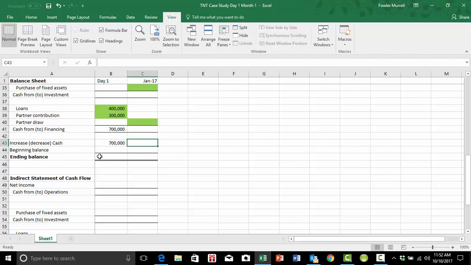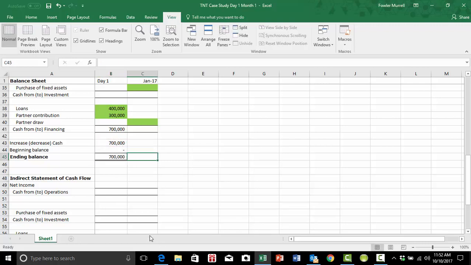We now come up to an ending balance. Our ending balance is whatever our beginning balance was plus the increase or decrease in cash. Our beginning balance was 0, so we write that in, and our ending balance is our beginning balance plus the increase in cash, which is $700,000.